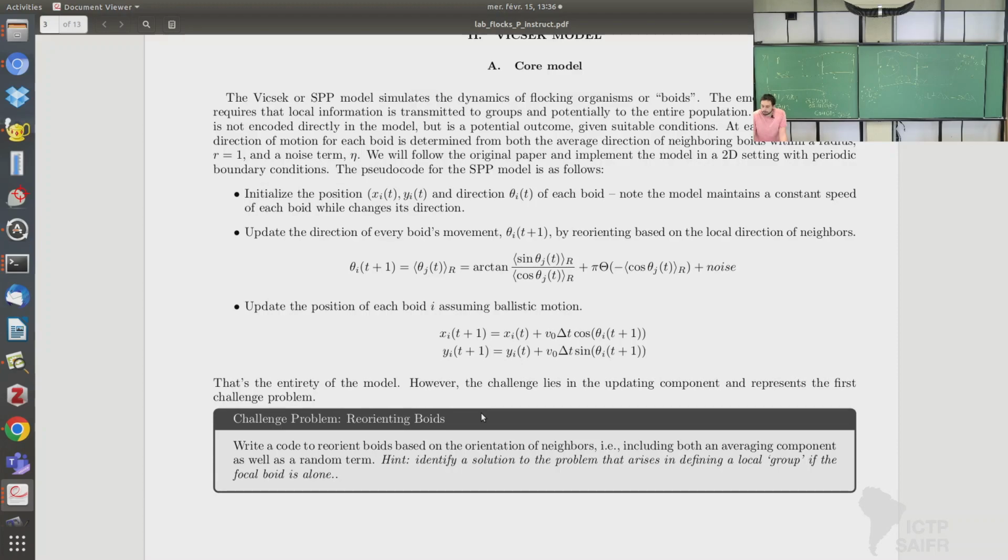And the tough part here is really this periodic boundary condition thing, okay? This is the tricky part of this problem.